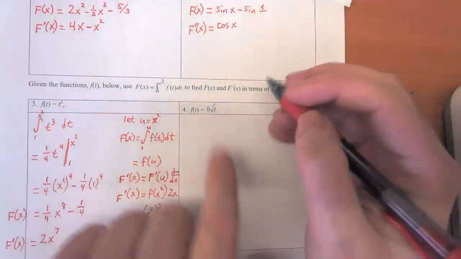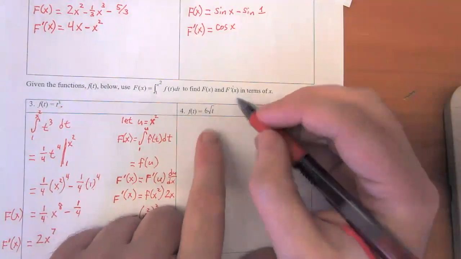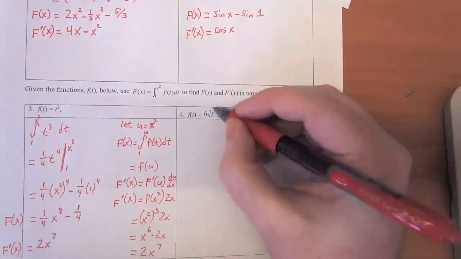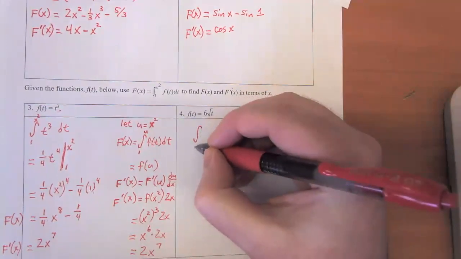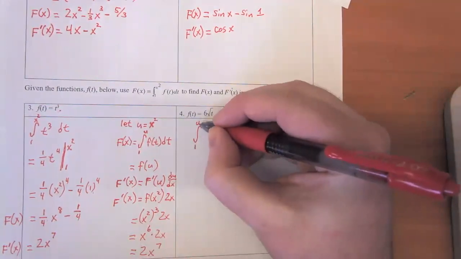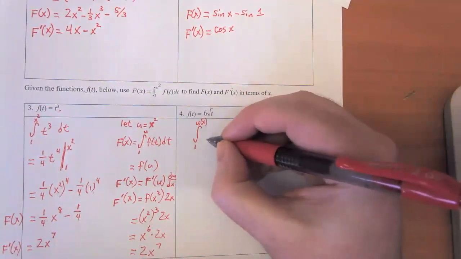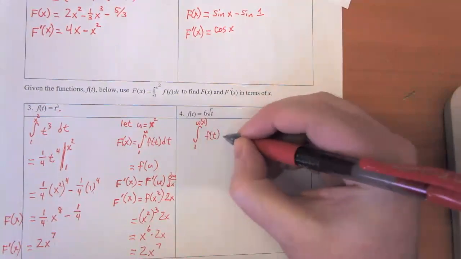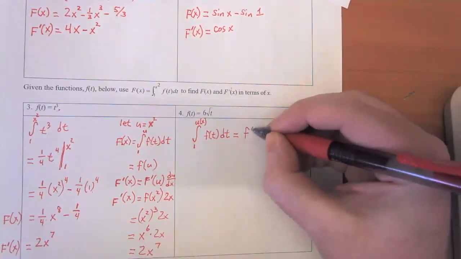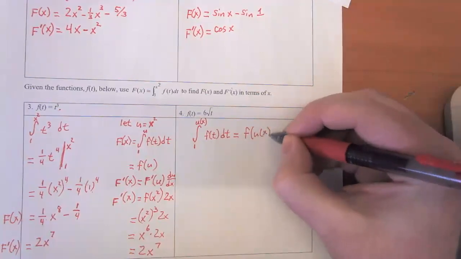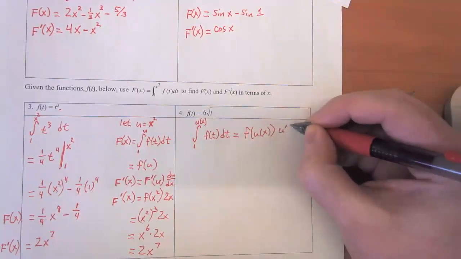So what we're going to do is jump straight to the fundamental theorem of calculus. When we are calculating the integral from 1 to some function u of x of f of t dt, that is equal to f of u of x times u prime of x.